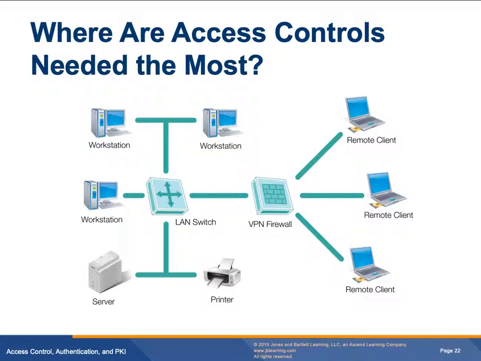What access controls are needed? Where are access controls needed the most? And when I was looking at this in the book, one thing I noticed right away is they're missing routers in this particular slide. So kind of figure that as part and parcel. It's mentioned later on in other slides. The workstation, the switches, the firewalls, the servers, the printers, the remote clients.